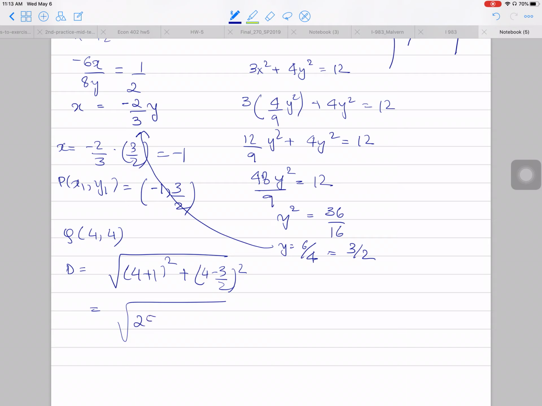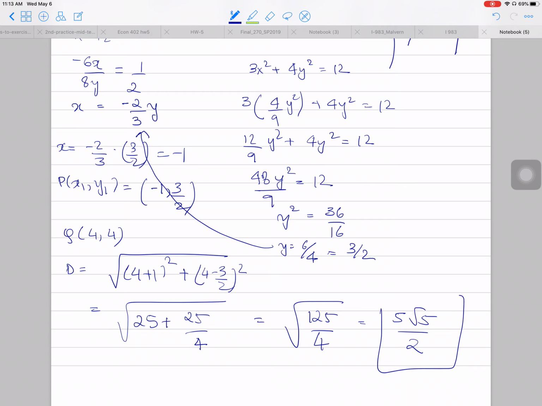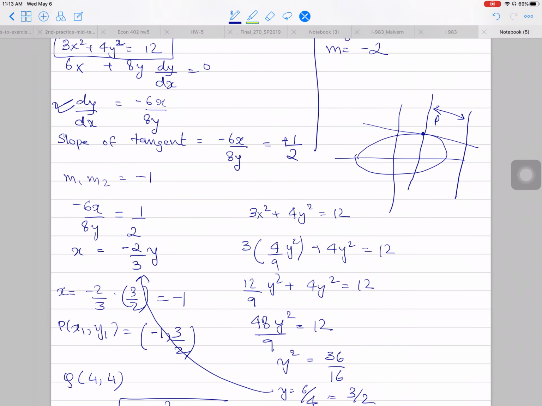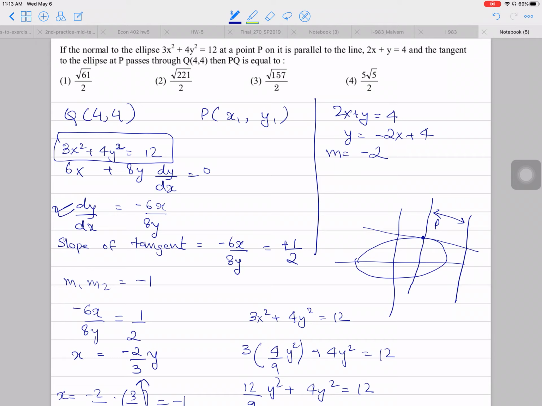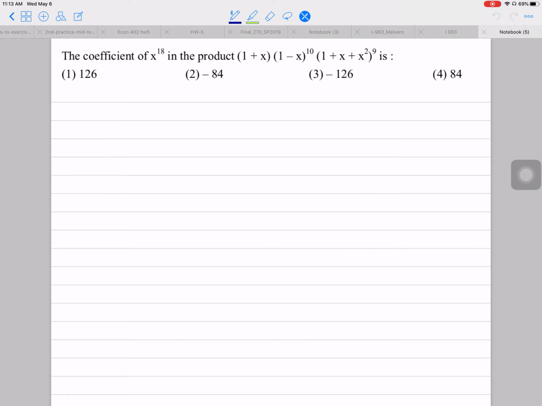So that is under root 25 plus 25 over 4, which is under root 125 over 4, which is equal to 5 root 5 over 2, which is our answer. Option 4. Let's move on to the next question.